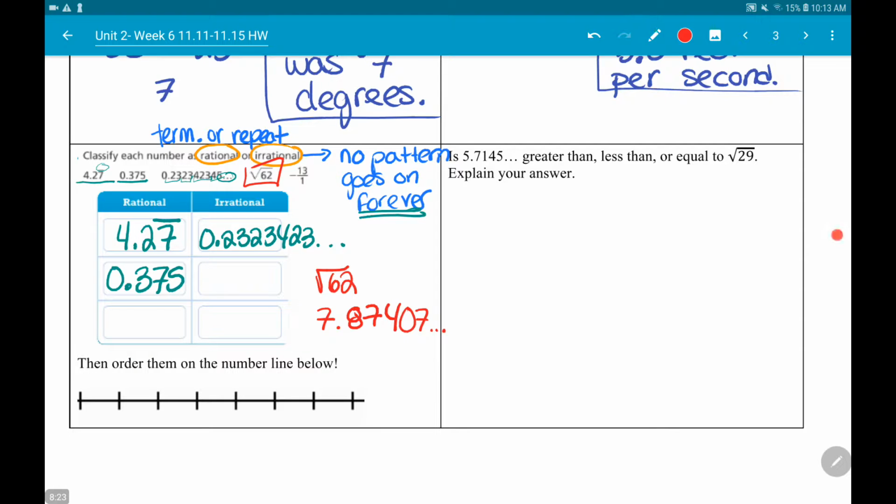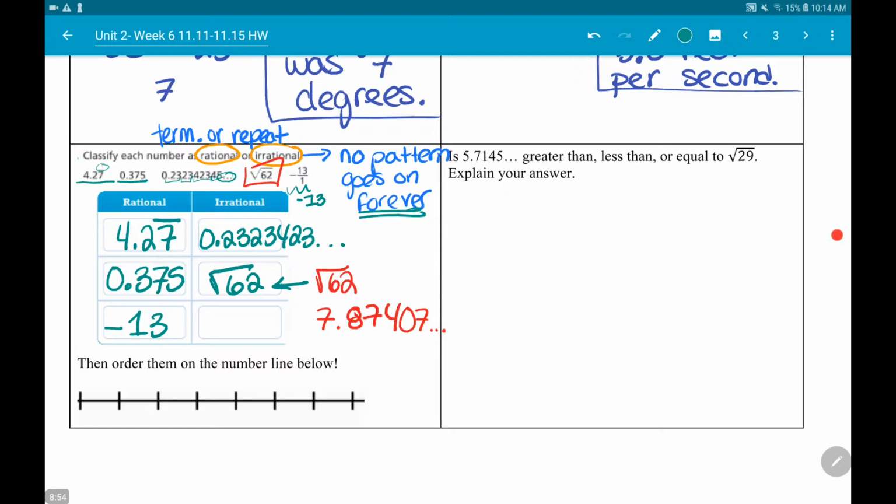It is irrational, so make sure when I'm putting it in, I'm putting in the original. Okay, and then the last one is negative 13 divided by 1. Let's simplify that. Negative 13 divided by 1 is just the same thing as saying negative 13. Is this terminating, repeating, or irrational? It is terminating, so it means it is rational.